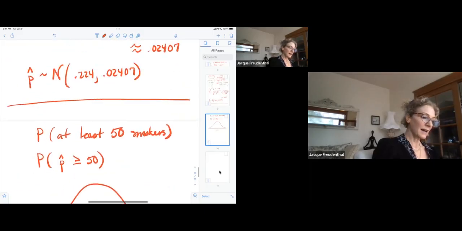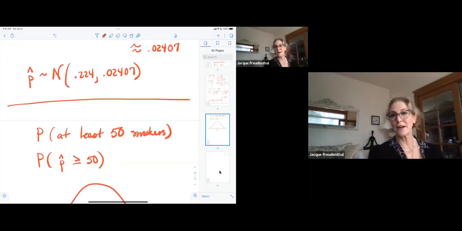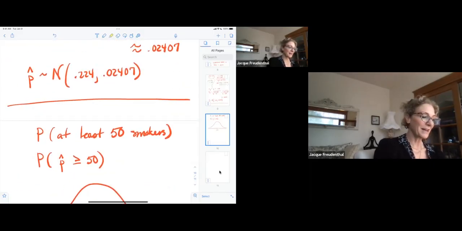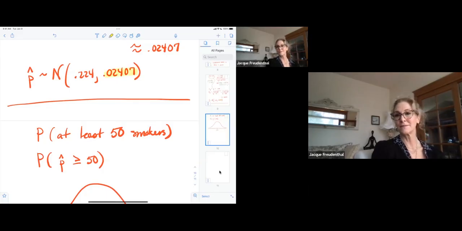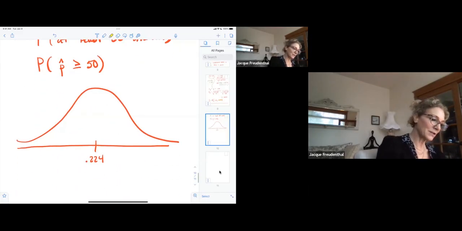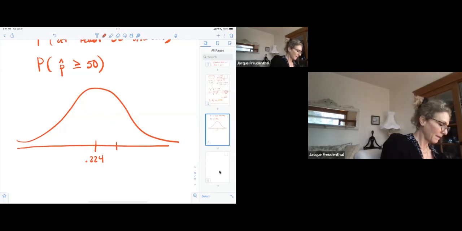And then I'm going to round this just to draw my graph. I'm going to round the standard deviation to 0.024. So I'm just going to add 0.024 to the 0.224. So 0.248.